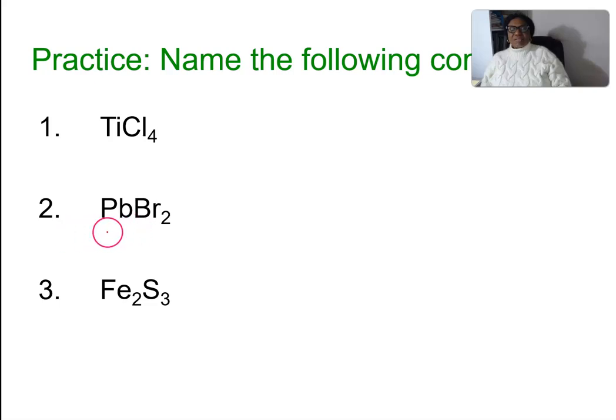So the anion here equals Br minus. We have two of them, so the charge is 2 times minus 1, which is minus 2. So the total charge is minus 2.